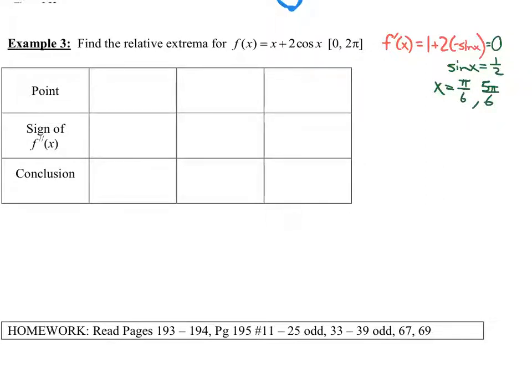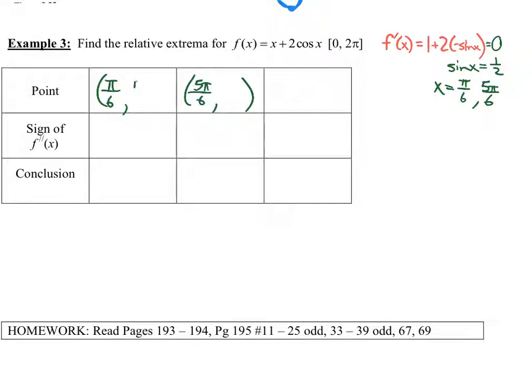Okay, so in this case we only have 2 points, pi over 6 something, and 5 pi over 6 something. If I go ahead and plug those in, cosine of pi over 6 is root 3 over 2. So that times 2 is root 3.